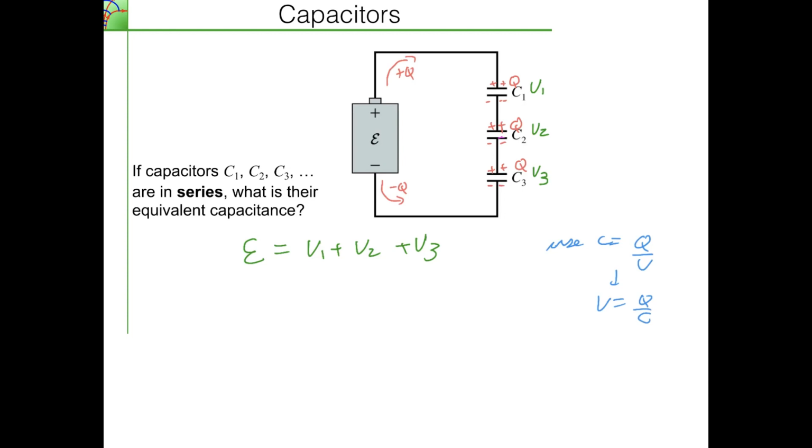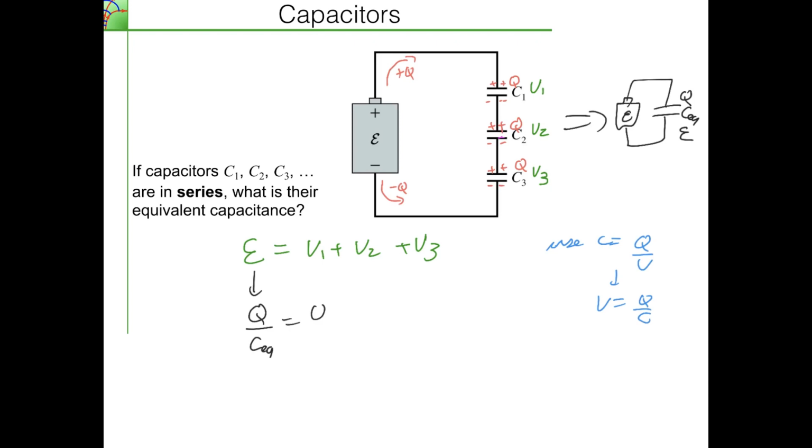So, remembering that I want to rewrite this whole thing as some battery attached to some equivalent capacitance with charge Q on it, and voltage E across it, this becomes Q over C equivalent, that's due to the equivalent capacitance.